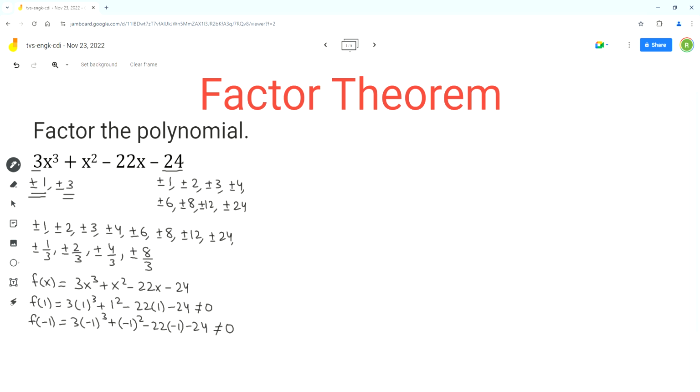Next, we can try x equals 2. If we evaluate this expression, we do not get 0. That means x equals 2 doesn't work.